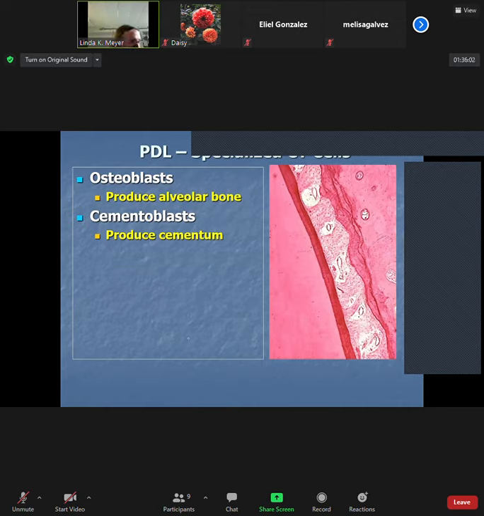Let's look at the specialized cells next. There are osteoblasts in the PDL that produce alveolar bone on the bone side. And then in the PDL, there are also cells that produce cementum, the cementoblasts. So on our drawing, let's just show that. I'm going to represent nuclei on top of the bony surface.